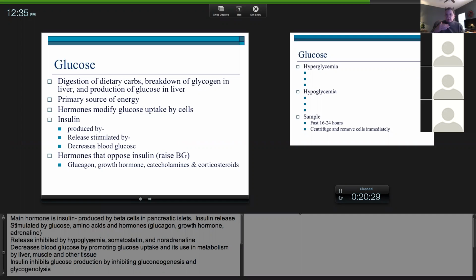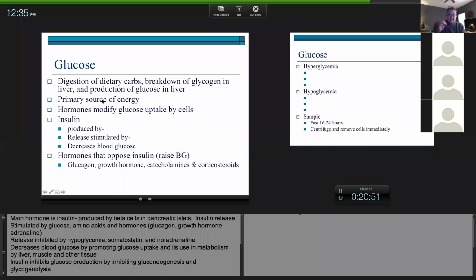If there is leftover glucose, it can be stored as glycogen. So the body can access glucose primarily from a meal or from stored glycogen, and this is a source of energy.